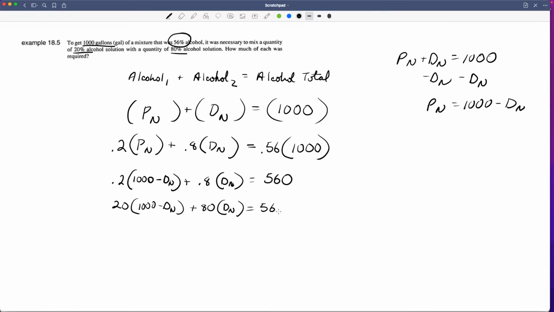Oh no. I multiplied times 100, not times 10. That's why you should always write it down so you know what you're doing. I'm multiplying everything times 10 to get rid of the decimals.